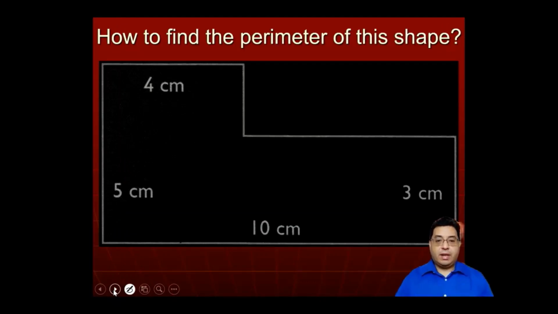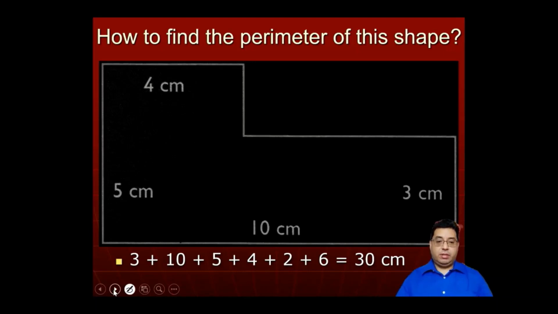Again, we're looking at this rectangle here, and we're going to find out what the perimeter is for it. What you're going to do is just add 3 plus 10 plus 5 plus 4 centimeters. So the answer is in centimeters here.